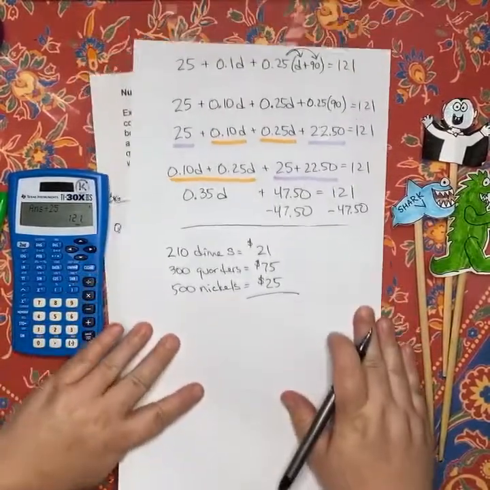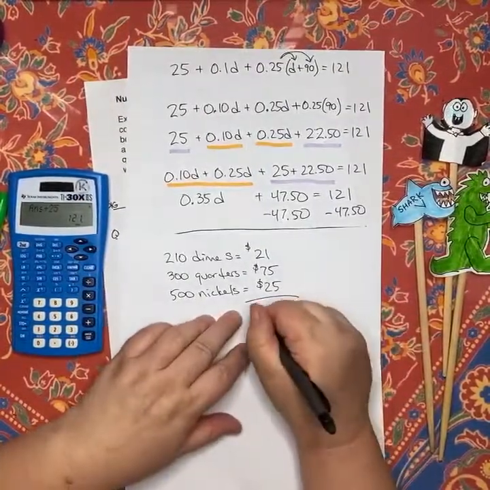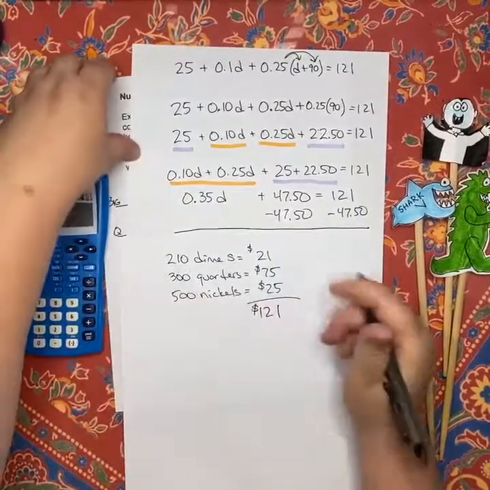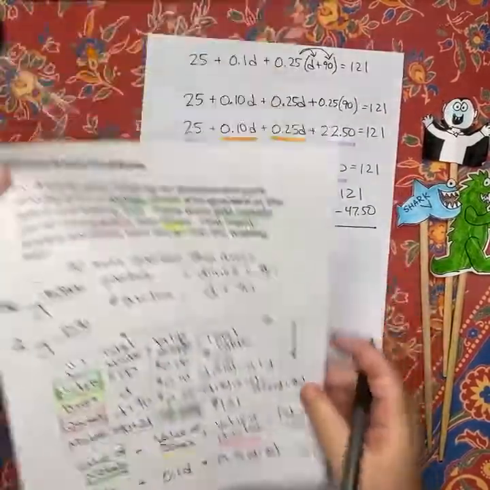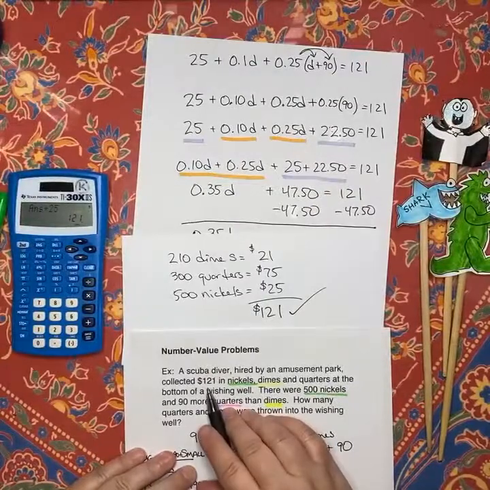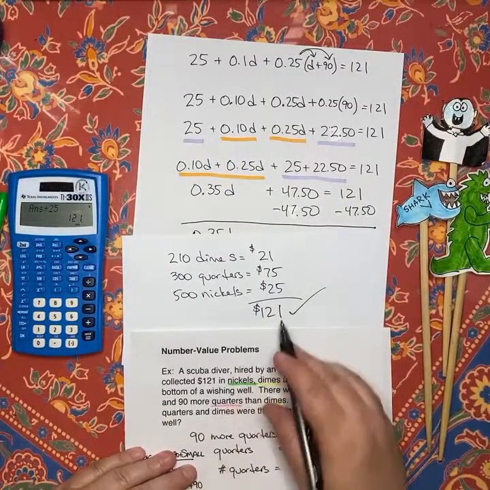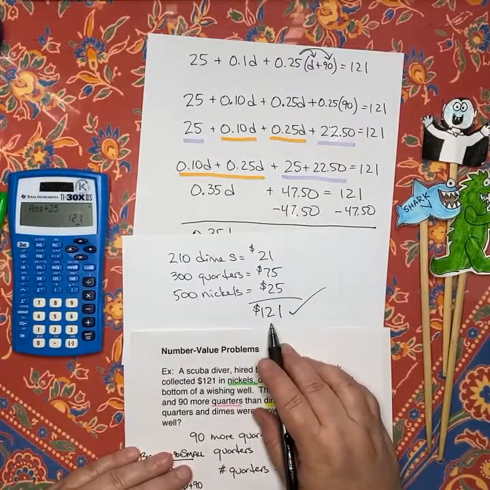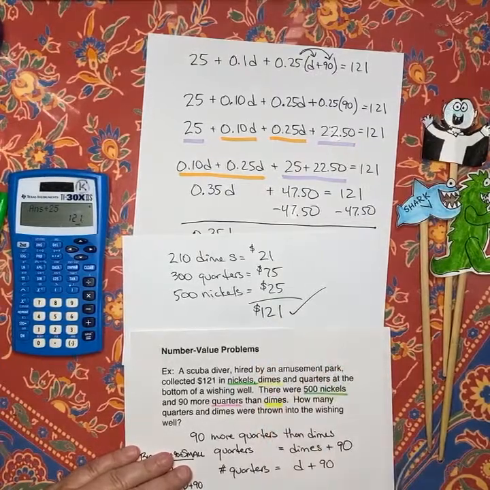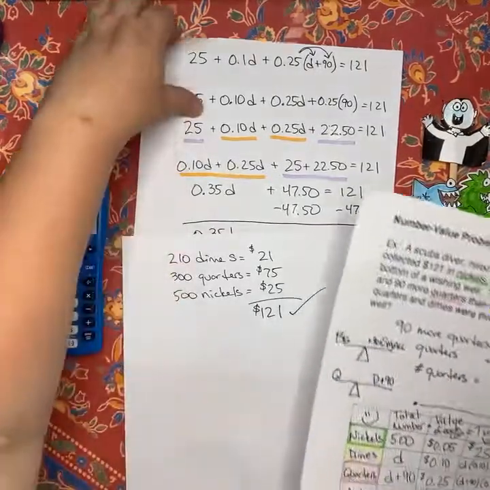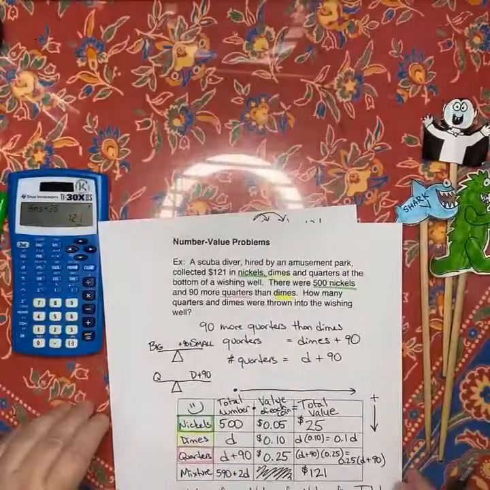So if I add all those quantities up, I get 121. And that is the amount I was supposed to get, 121. Oh my gosh, you guys, we did it. We survived 2.6.